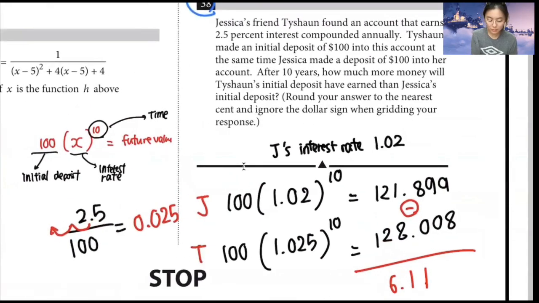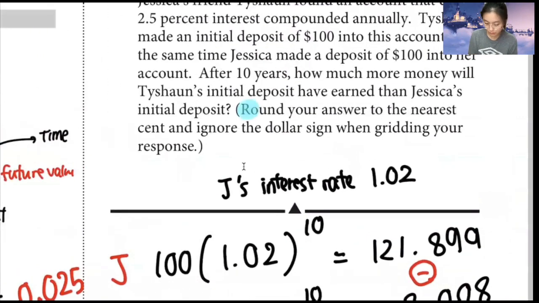But here is key. Since this is gridded, you might just fill in all 4 boxes. You don't want to do that. You need to read the question carefully. Round your answer to the nearest cent and ignore the dollar sign. So don't write the dollar sign, okay? I used to do that.